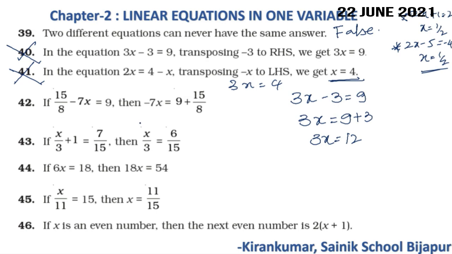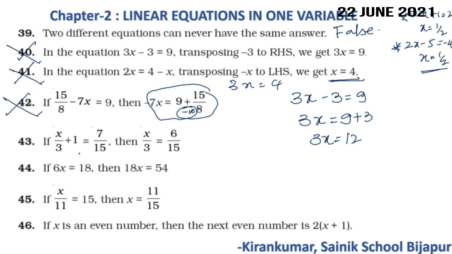Statement number 42. 15 by 8 minus 7x is equal to 9. Then negative 7x will be equal to 9 plus 15 by 8, which is a wrong statement. This has to be negative. So this statement is also a false statement.